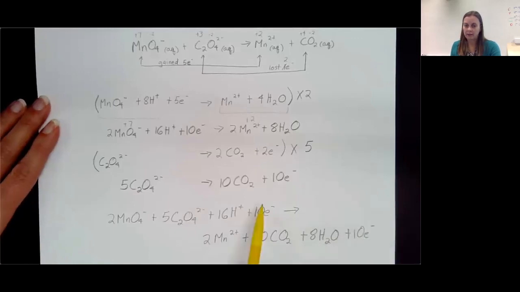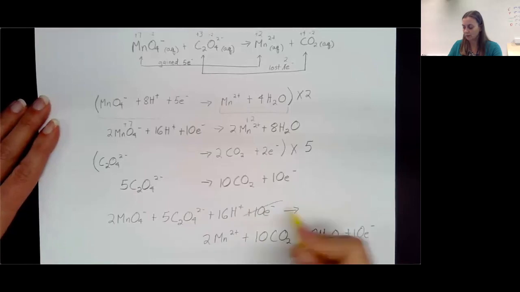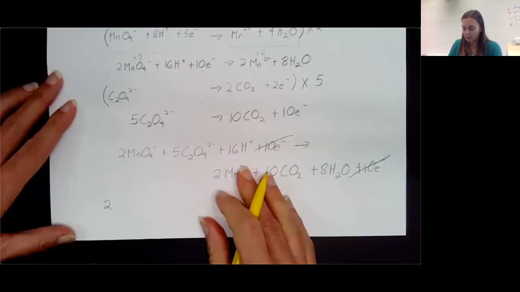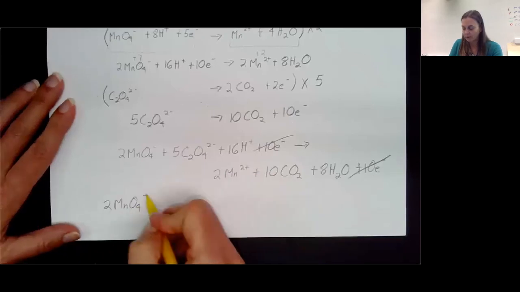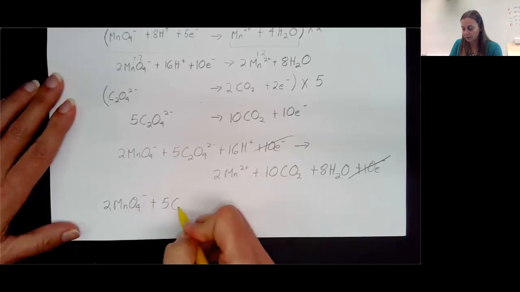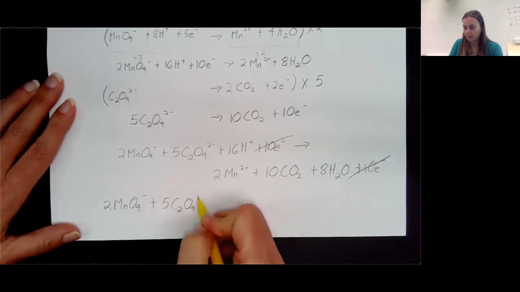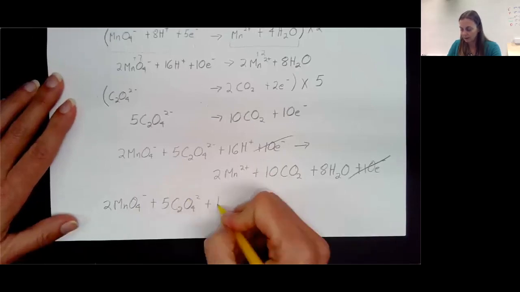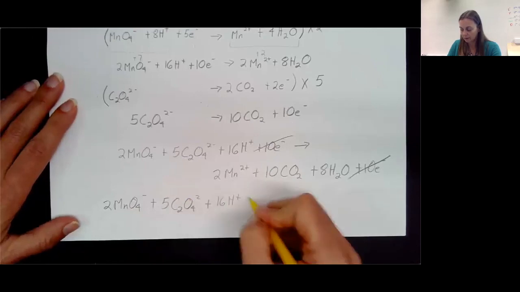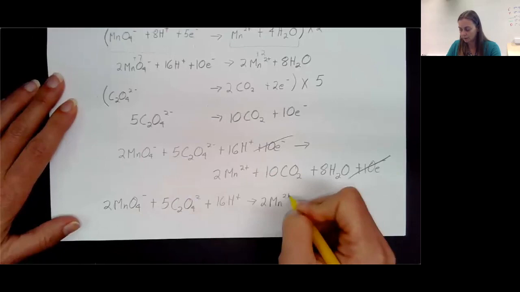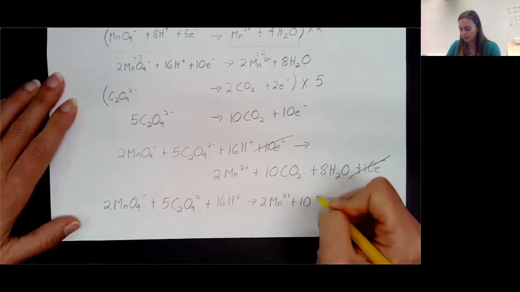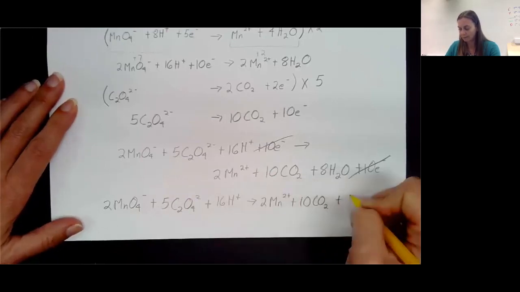And now I see that I have 10 electrons on the left and 10 electrons on the right. So we're going to cross those out. And our final reaction is 2 permanganate ions plus 5 oxalate ions plus 16 hydrogen ions yields 2 manganese 2 ions plus 10 carbon dioxide molecules plus 8 waters.